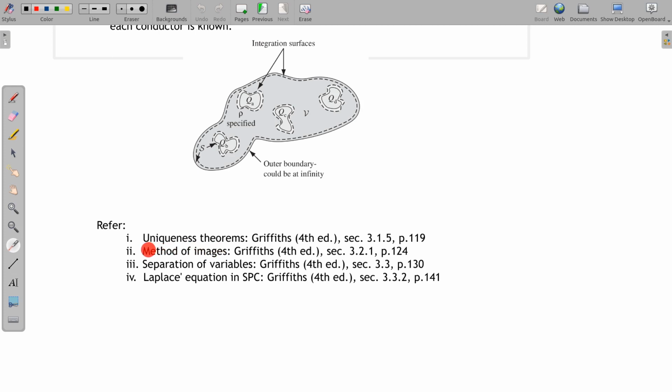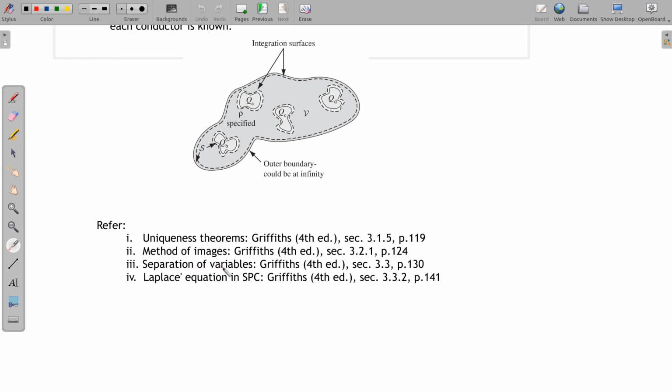In that case, of course, we have to find some analytical way of finding the solution of the Laplace equation. One very common, very popular way is known as the separation of variables, a very robust method of finding the solution. I'd like to refer you again to Griffiths section 3.3, which is on page number 130.